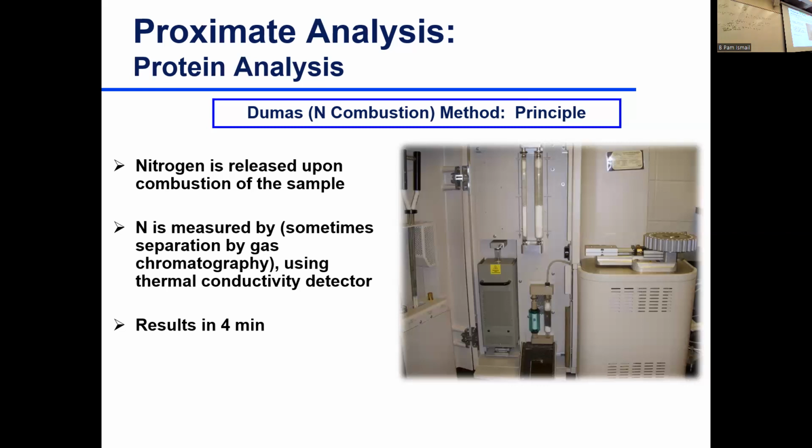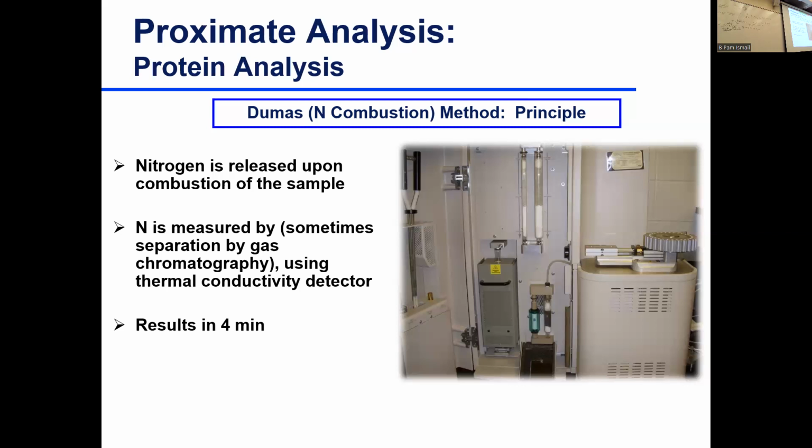You will weigh your samples in small capsules and put them in this sample wheel. This is an old nitrogen analyzer that we had. We have a fancier one now in the lab with a fancy screen and everything, but the same principle.